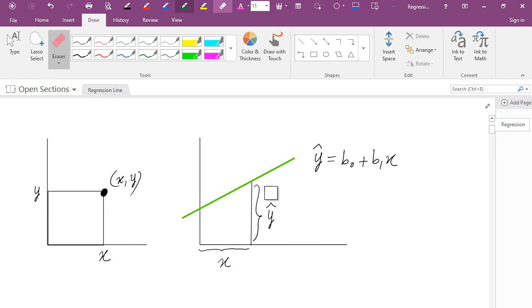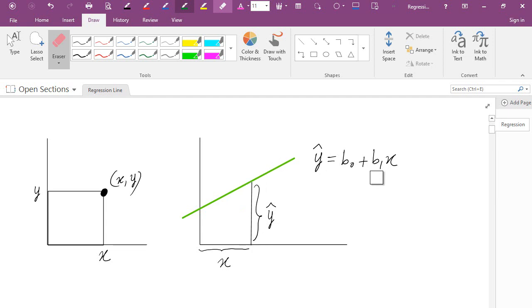Now, the equation of a straight line always has the following form: y hat is equal to b0 plus b1x. This is called a linear equation where b0 and b1 are constants. Basically, if I pick a point x along the horizontal axis, then the corresponding y hat value is the height of the line at that x.